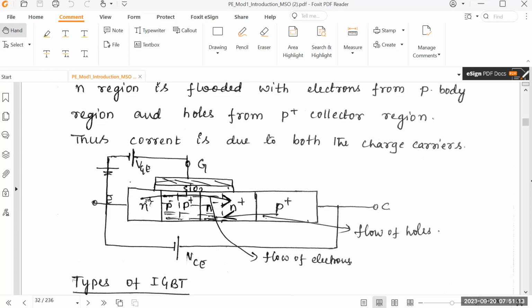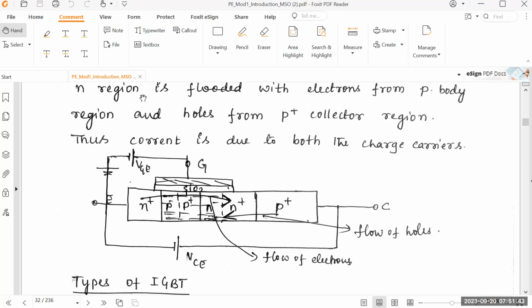Current means, whenever charge carriers are moving across any terminals, that flow of charge carriers itself we call a current. Since in this N region electrons are moving from the P body region into the N region, and also holes are moving from the P plus collector region into the N region, current is produced due to electrons from the P body to the N region.